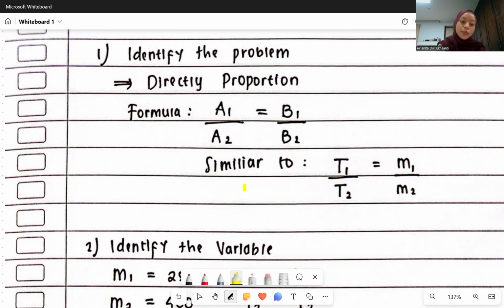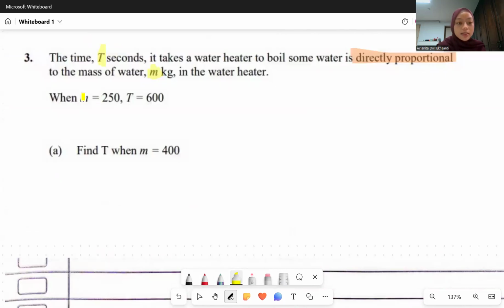The next step, we identify the variables. From the question, the first situation is mass equals 250. We can write M1 is equal to 250 and the time is equal to 600, so T1 is equal to 600.